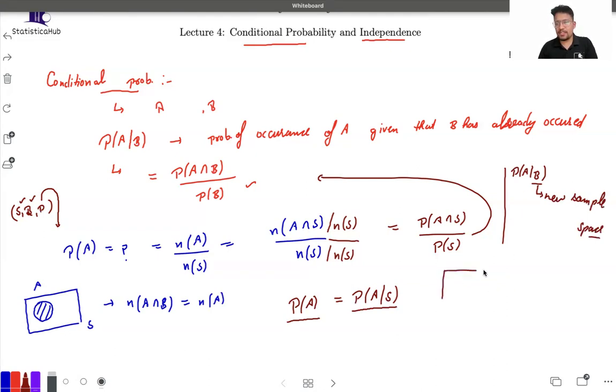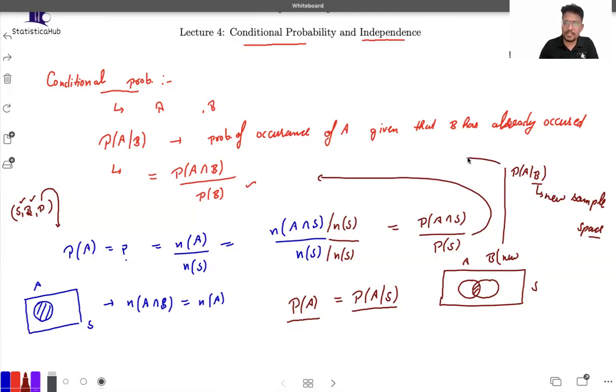If you make the Venn diagram, you'll get the sample space, some event A, and some event B. Now you are saying that B has already occurred. Now tell me the probability of occurrence of A. This was the old sample space; you can say this is the new sample space. Under this sample space, what is the probability of occurrence of A? That will be this part divided by the total, that is the given condition. So we are just simply getting the same thing.